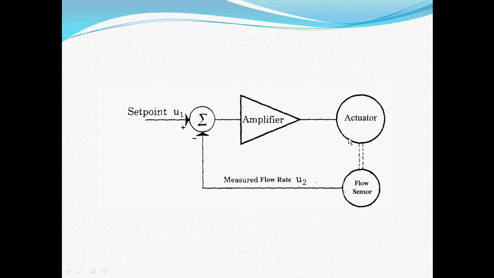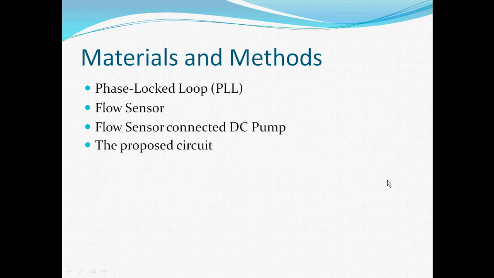However, this analog feedback system is not satisfactory in some applications where excellent speed regulation and fast dynamic response are required. These features can be achieved by using a phase-lock loop control system.